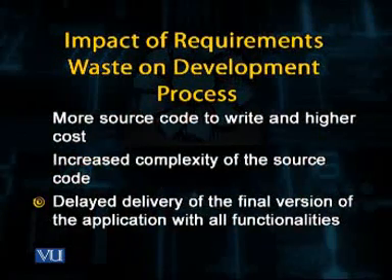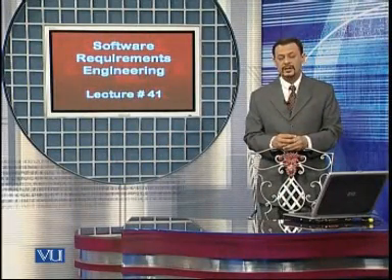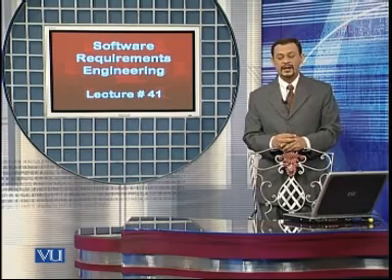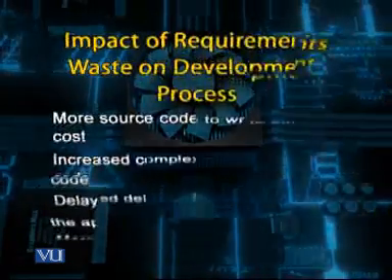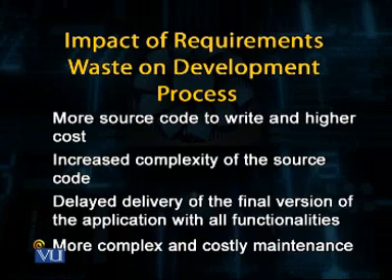This will certainly result in the delayed delivery of the final version of the application with all functionalities, because we are spending time and money and resources on things which are not needed by the customer. And whenever we have complexity, we are certainly going to spend a lot more time and a lot more money on maintenance of such piece of software.